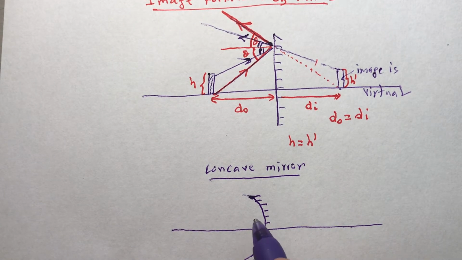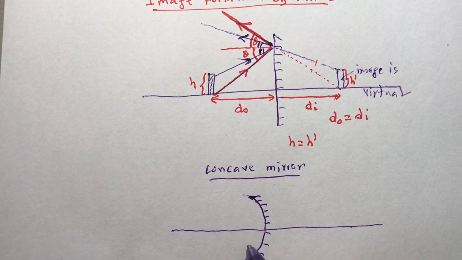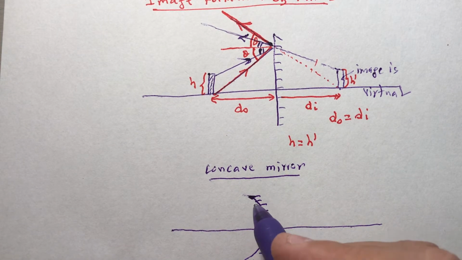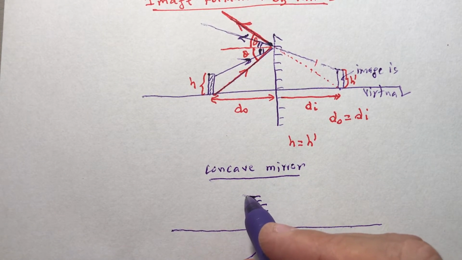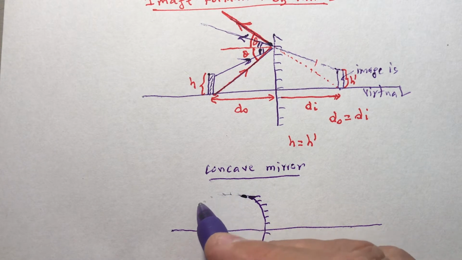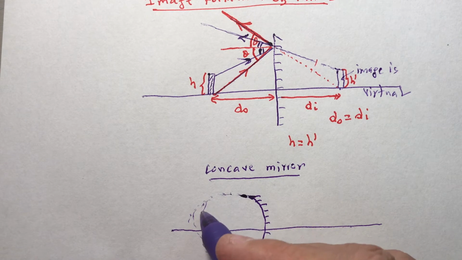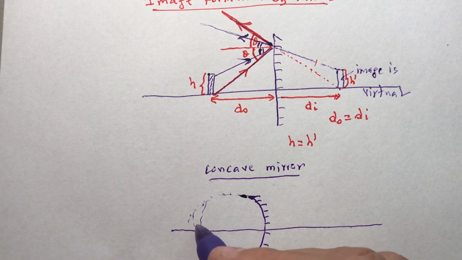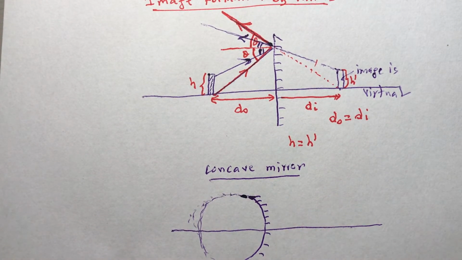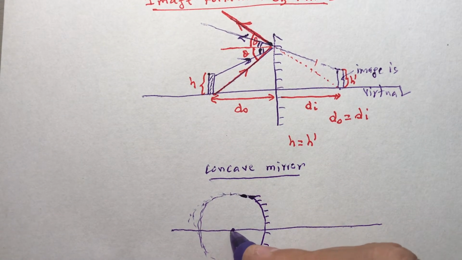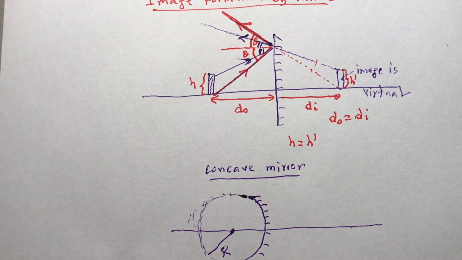Now, this mirror here, this concave mirror, is like it's coming from some sphere. So let me make the sphere like this. See, this is the sphere. Now, this is the radius. Now, let's see, I take some ray of light coming in.